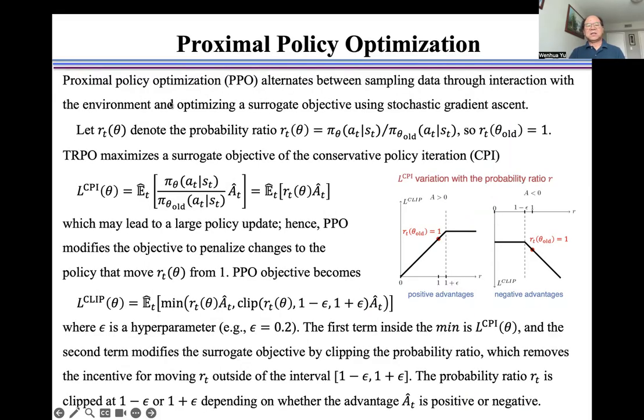Proximal policy optimization alternates between sampling data through interaction with the environment and optimizing a surrogate objective using stochastic gradient ascent. Let r_t denote the probability ratio defined by using the policy pi theta and old policy pi theta old.